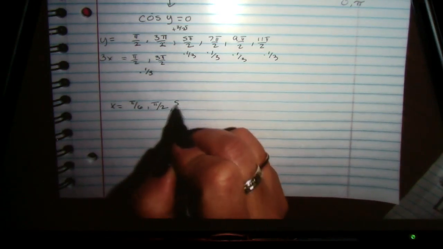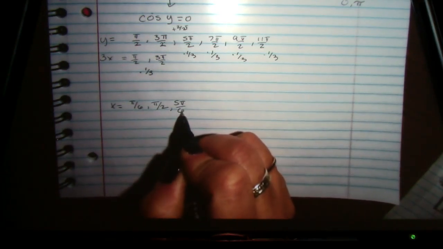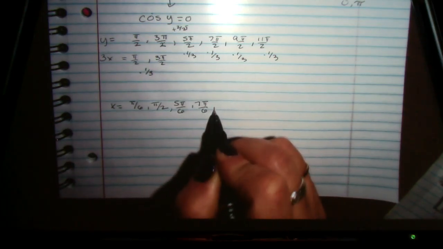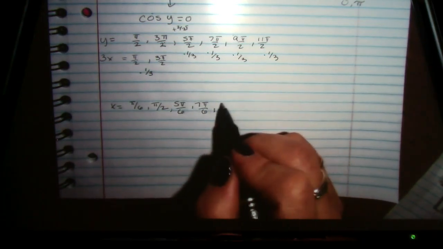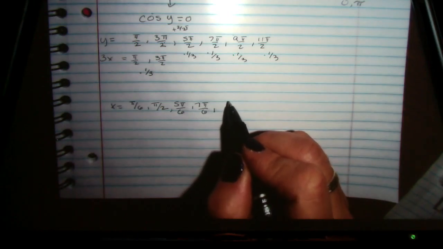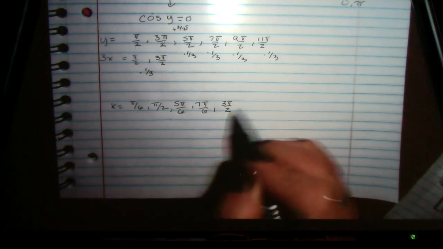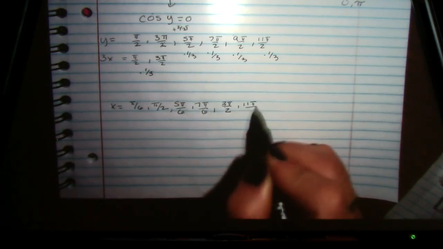So this is gonna be 5 pi over 6. This is 7 pi over 6. It's gonna be 9 pi over 6, divided both by 3. That's 3 pi over 2. 11 pi over 6. Have I hit one that's bigger than 2 pi yet?